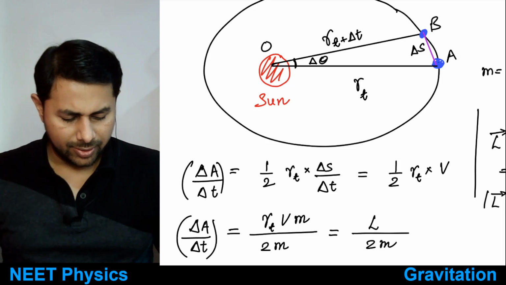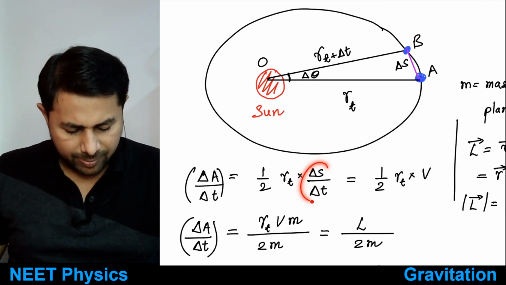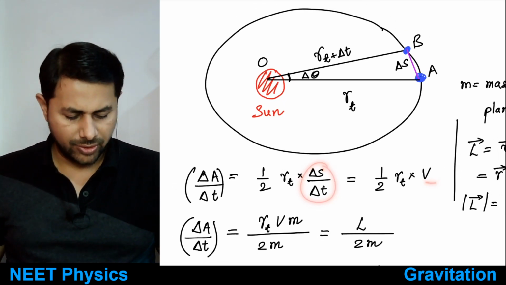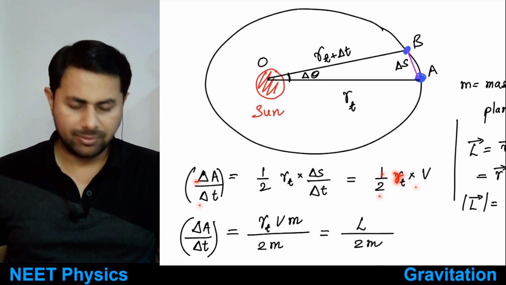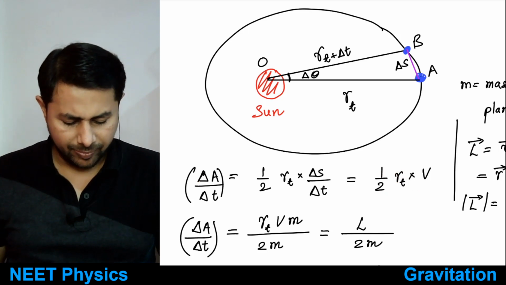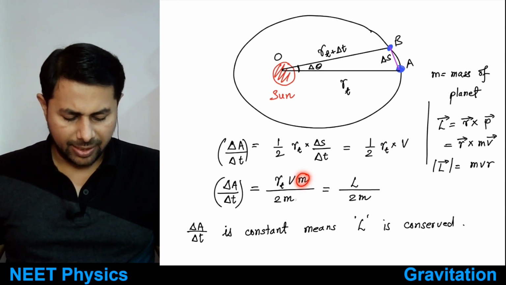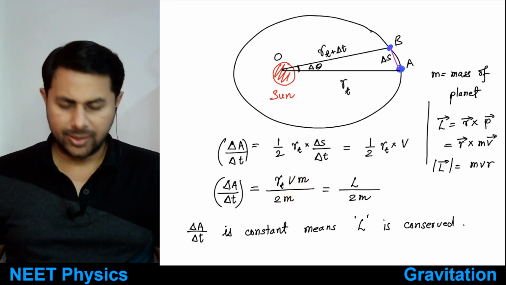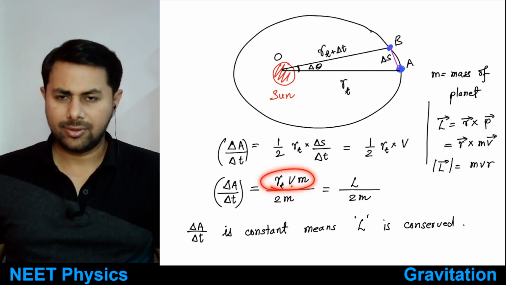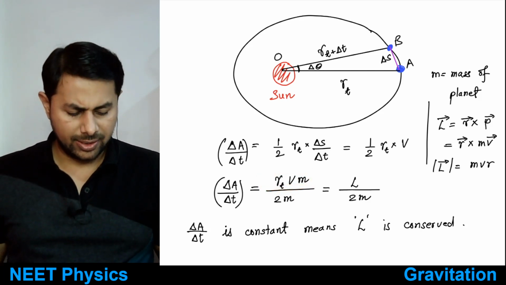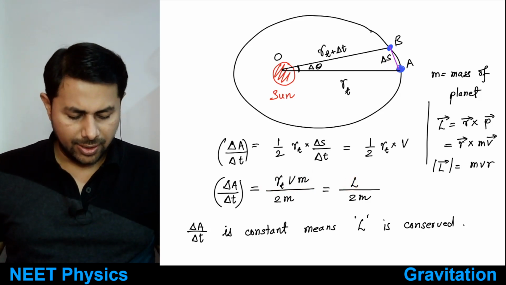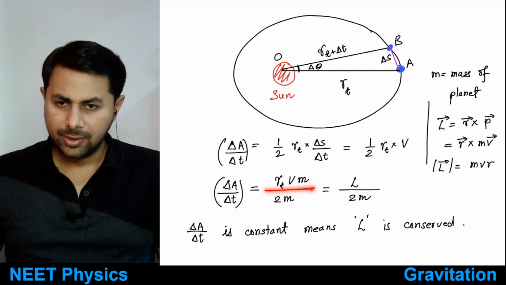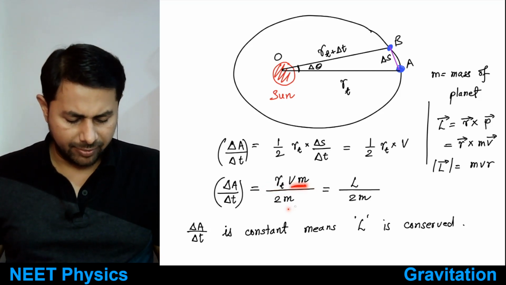So delta s by delta t is V. So you get area covered per unit time equal to half of r times V, r at time t times V. If you multiply and divide by m, the mass of the object, then what is this thing? We know that mvr is the angular momentum of the planet around the sun. We have multiplied and divided by m.